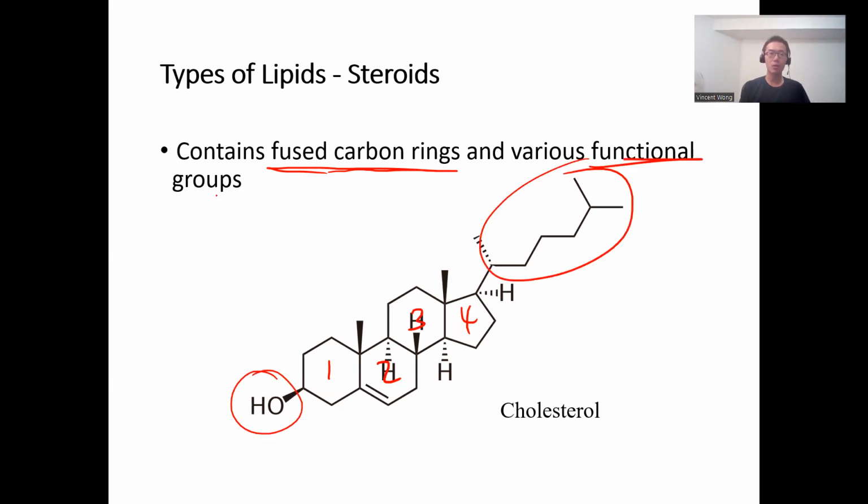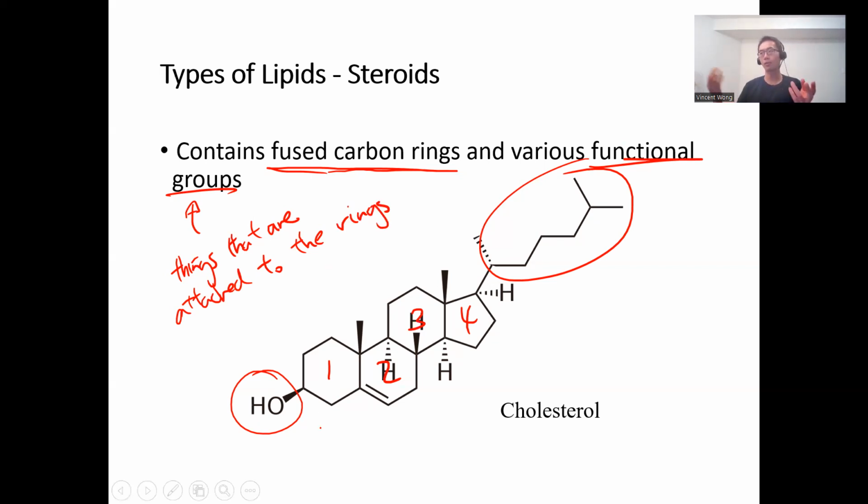Functional groups are things that are attached to the rings. You don't have to know what they are called or what they do. You will learn that in second semester chemistry. But functional groups basically give the steroid unique properties.